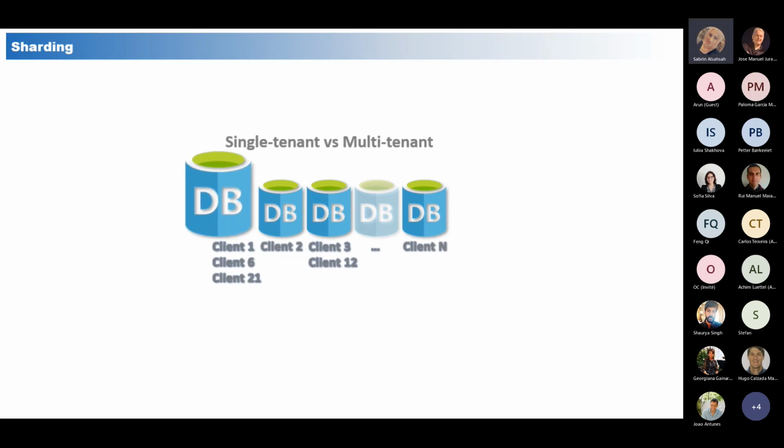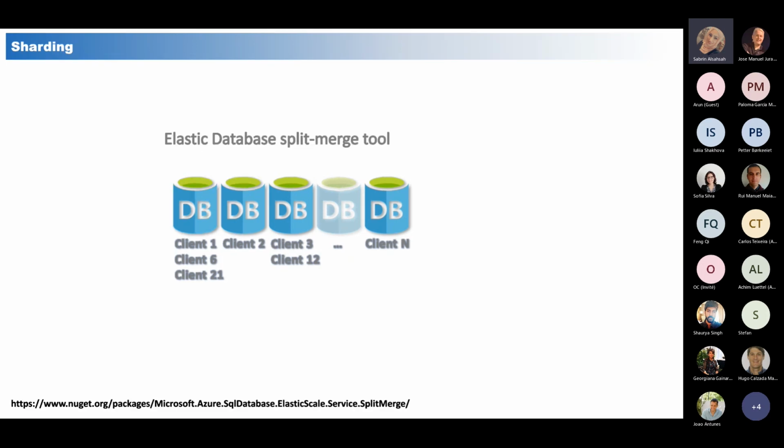And let's say in the future, if you have any additional customers, or if you would like to move, for example, client 1 to put it with client 2, you can always use the Elastic Database Split Merge tool, which will help you to move the databases or shards across.